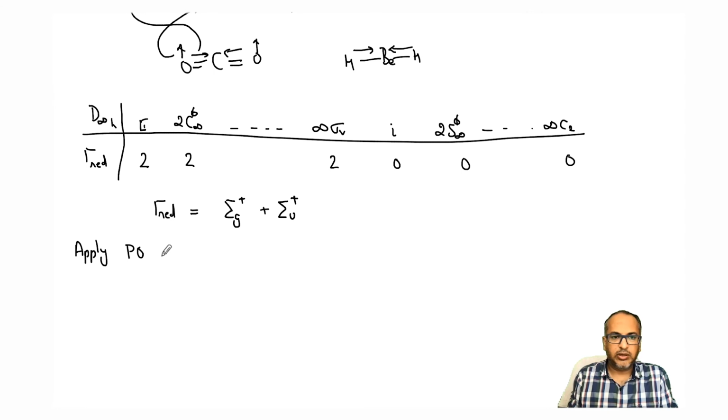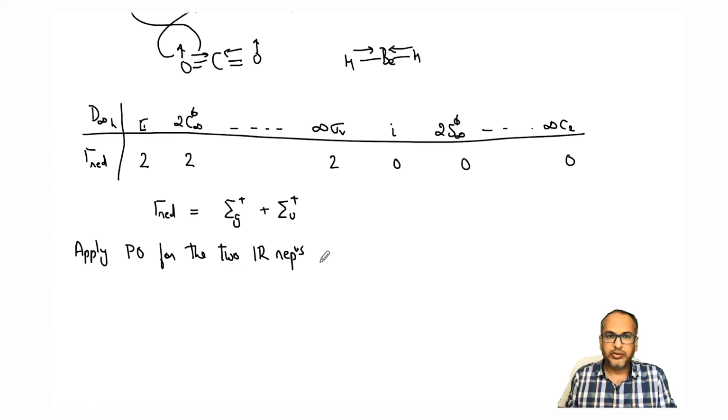So apply the projection operator for the two irreducible representations on the 1sa and 1sb orbitals of HA and HB.